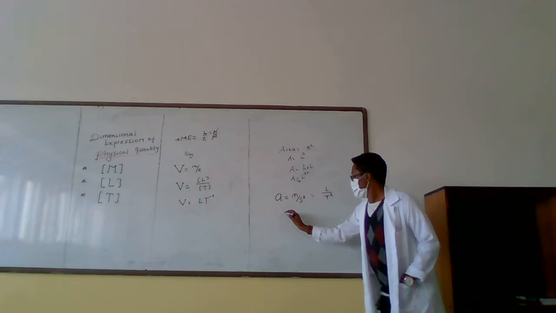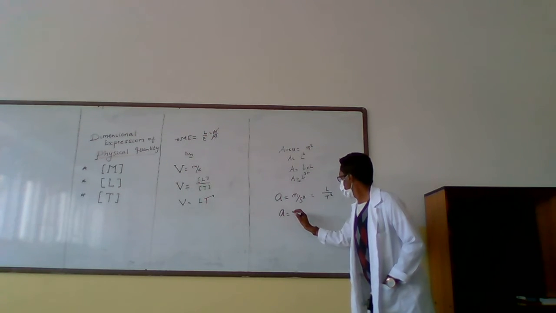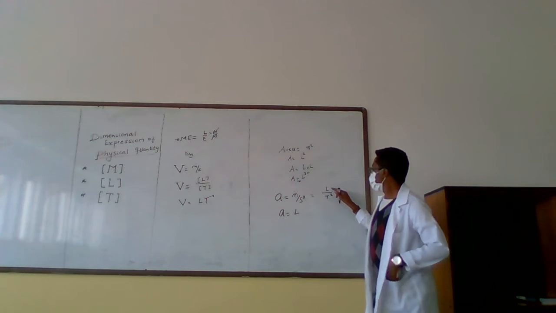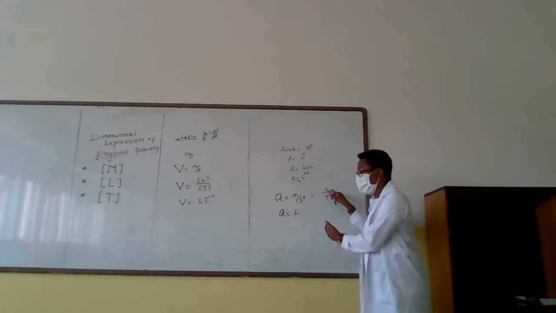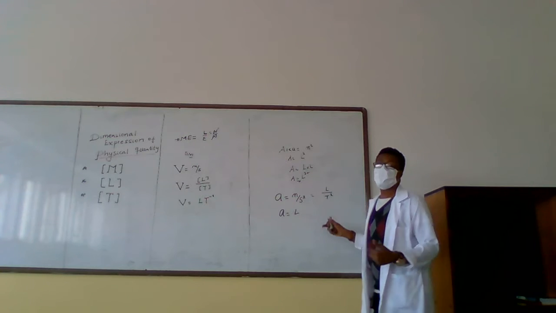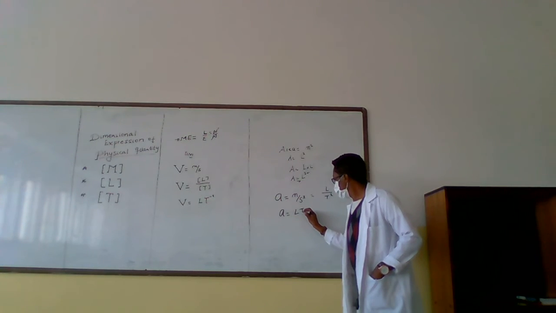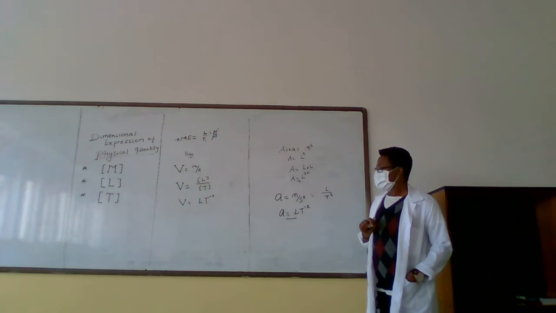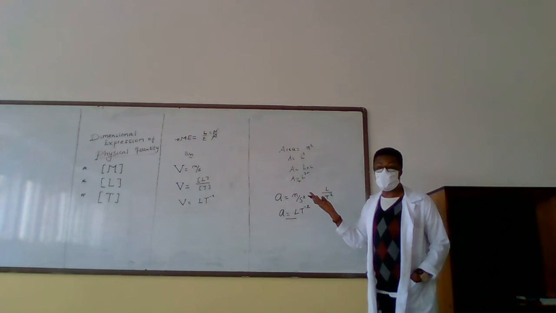So the dimension of acceleration will be L over T squared, or you can also write it this way: L T to the power minus 2. Right?